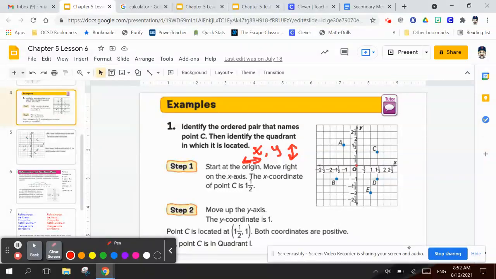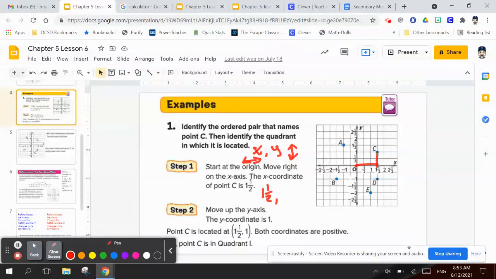So I'm going to go to the right because C is over here on the right. I'm going to move over to the right and stop on that same line. So when I moved on the line down here, my x value is 1.5. My y value then, how high is it?